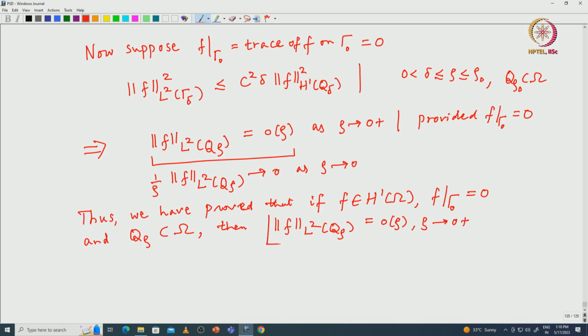So, this is the important observation, and we have made use of this vanishing of the trace.